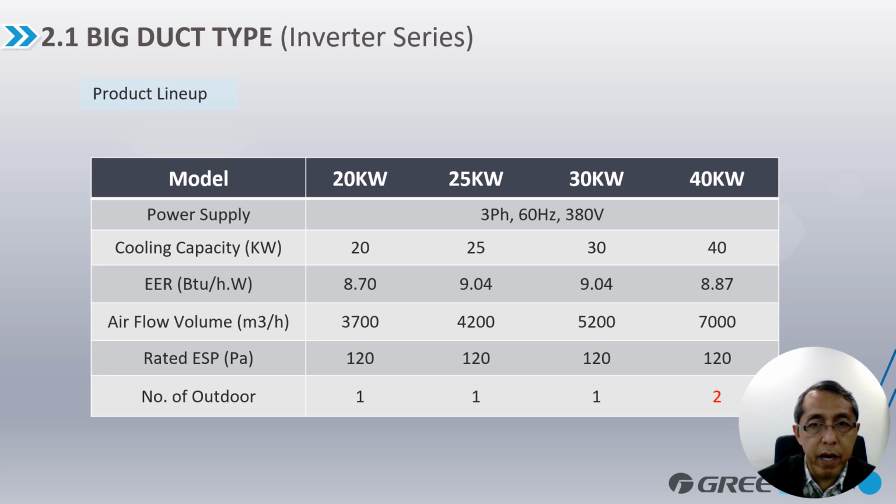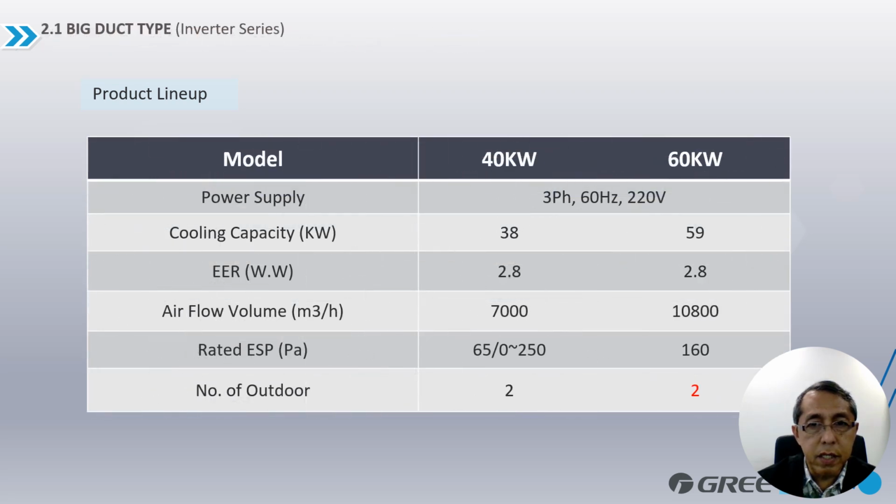And when you're specifying for 40 kilowatt, remember that the outdoor unit for that is 2. The same thing with 60 kilowatt. And for the rated ESP for the 40 and 60 kilowatt, it's higher. It can go for 250 Pascal. And the other one is 160 Pascal.